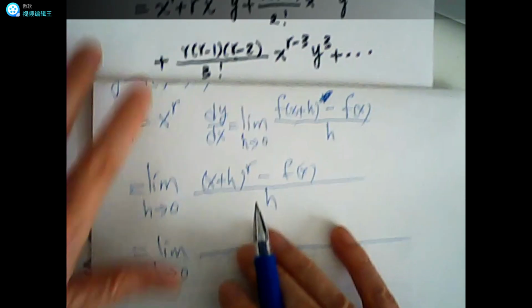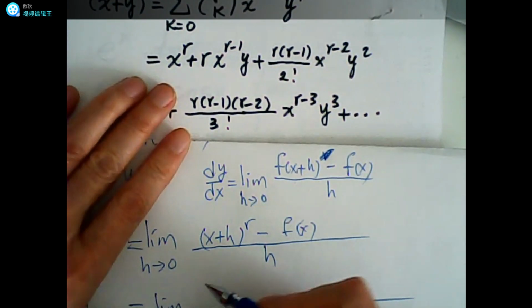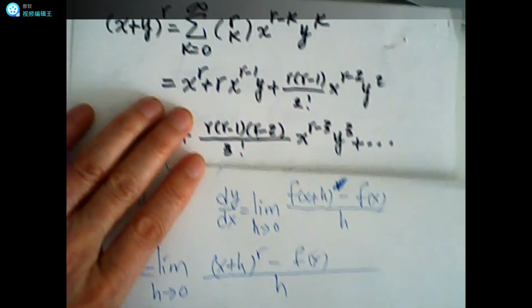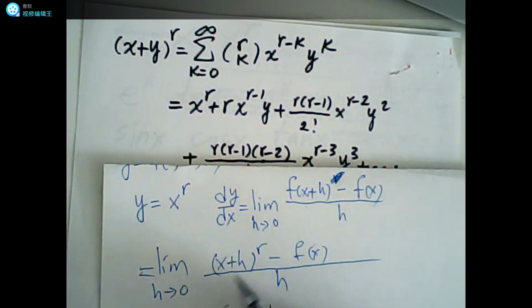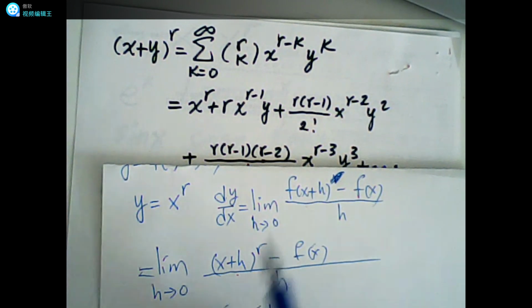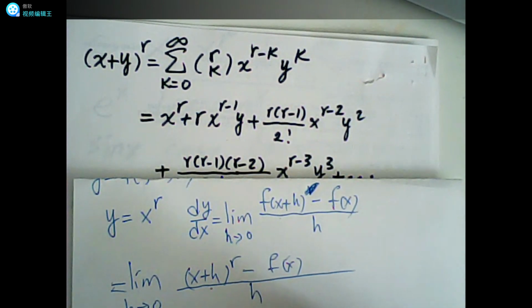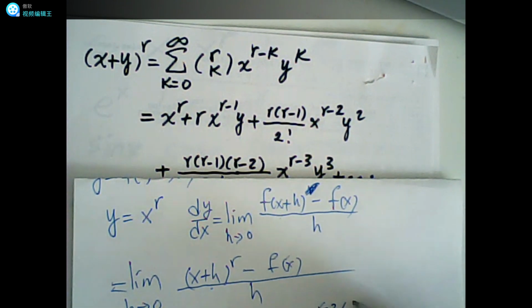This expansion is equal to x to the r plus r times x to the r minus 1 times h, plus r(r minus 1) over 2 factorial times x to the power r minus 2 times h squared.